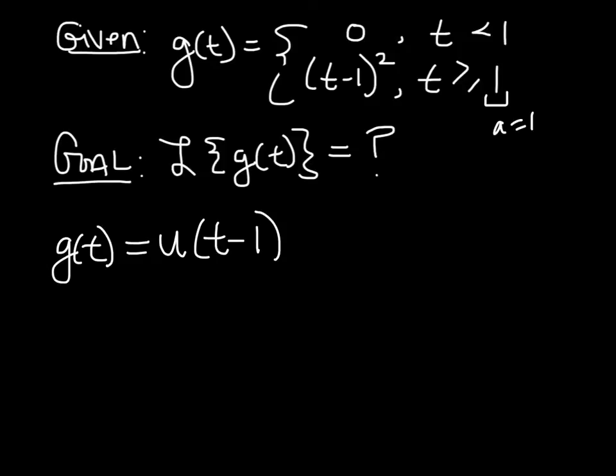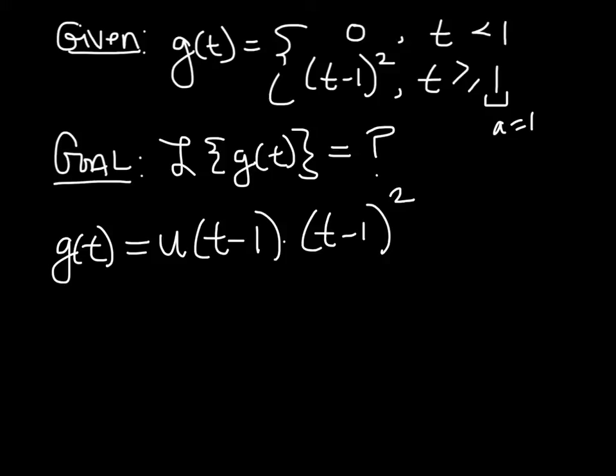This just means we're turning on the switch at 1. But we also have this guy right here, so I'm going to multiply it by t minus 1 squared.